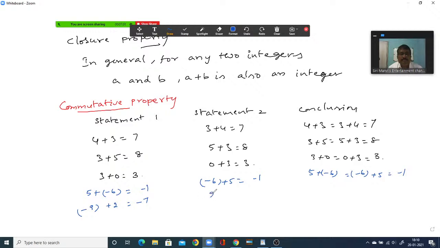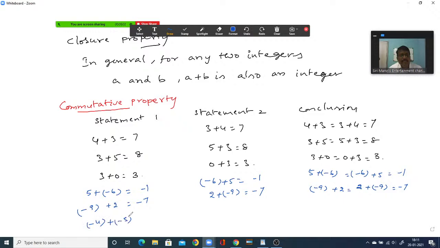So 2 plus minus 9 is equal to minus 7. So minus 9 plus 2 is equal to 2 plus minus 9 is equal to minus 7. Okay, next step, minus 4 plus minus 5.